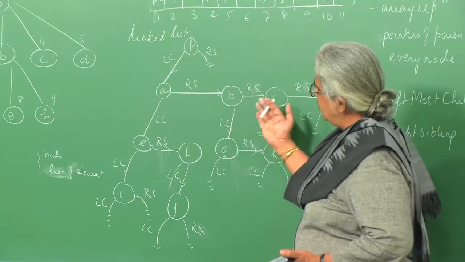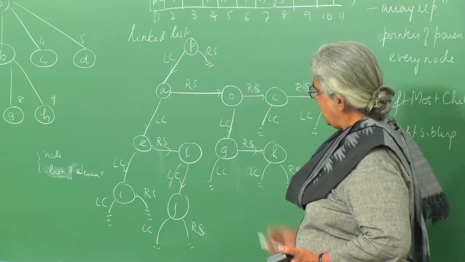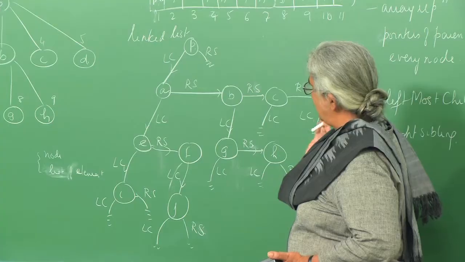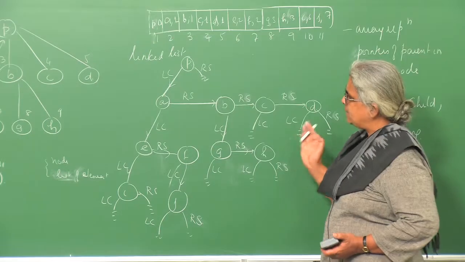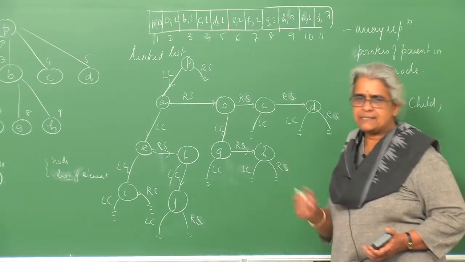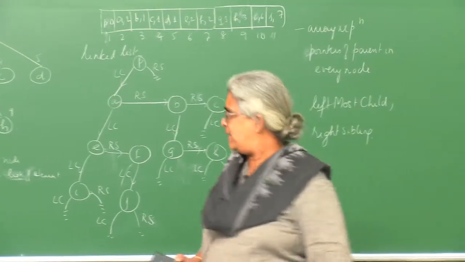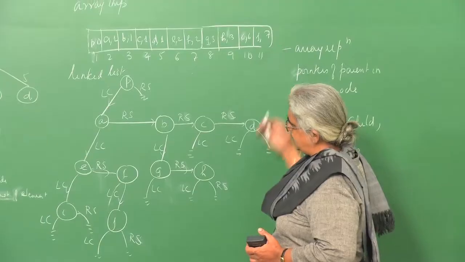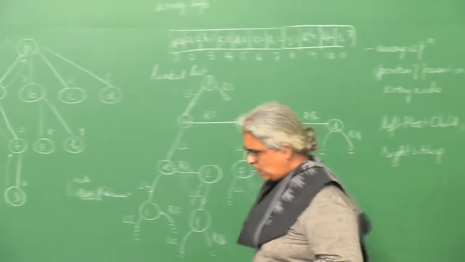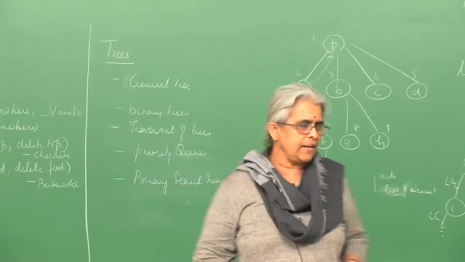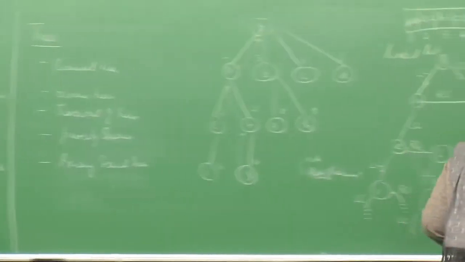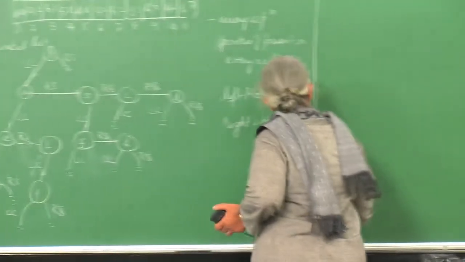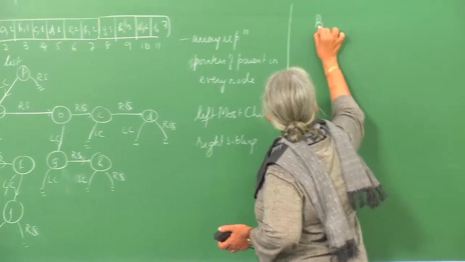What is the meaning of the leftmost child? Leftmost child is the oldest sibling and oldest child, and the right sibling corresponds to its next sibling at that particular level. We will come back to this tree a little later, where we have either the array representation or this. What we will look at today is some special trees. In particular, we will look at the binary tree.